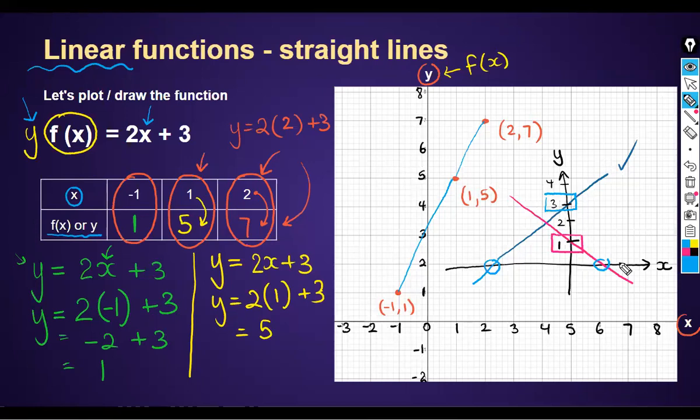So let me just give you the three differences, the three different scenarios between straight lines. If I ask you to draw a straight line, it could slope upwards, or it could slope downwards. It can also cut the y-axis at different points, and it can also cut the x-axis at different points.